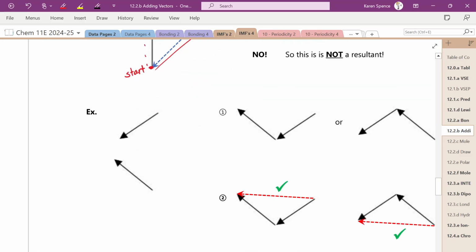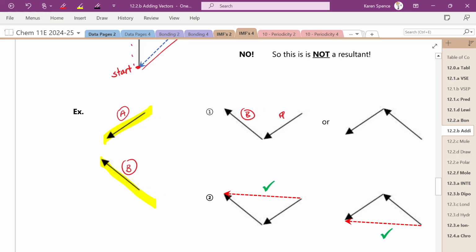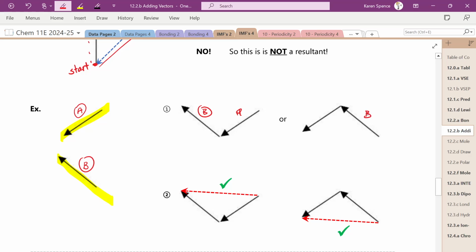So if we had these 2 vectors here, we can either start with this one, we'll call this A, we'll call this B. We can either start with A and then continue on with B, or we can start with B and continue on with A. But you'll notice what is the same about both of those?